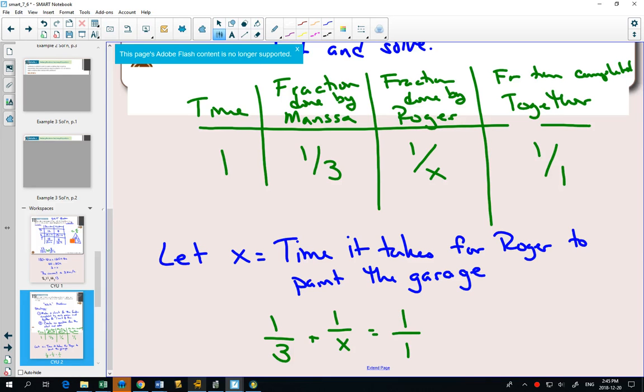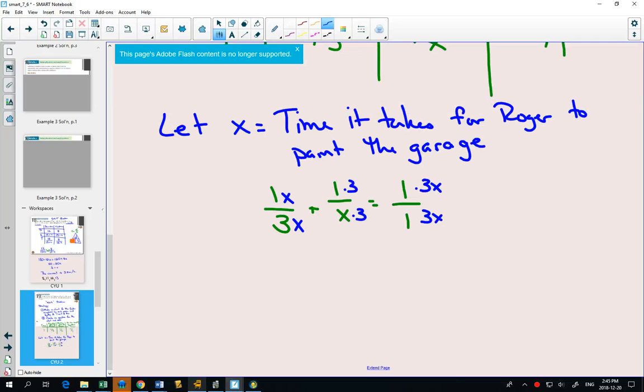Well, this is a rational equation. If we get a common denominator, this one we would need to multiply by x and x. Here we'd need to multiply by 3 and 3. And there by 3x and 3x. Once you get your common denominator, you could multiply everything by 3x, and you would get x plus 3 equals 3x.